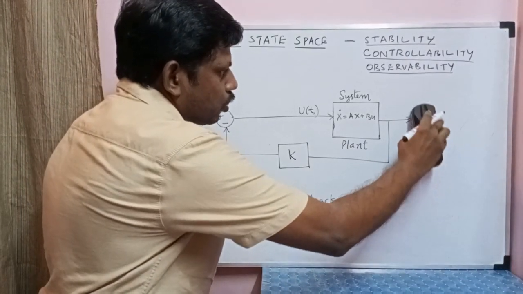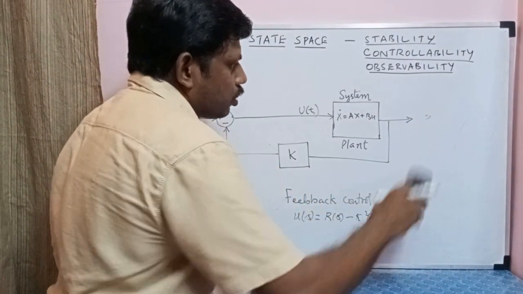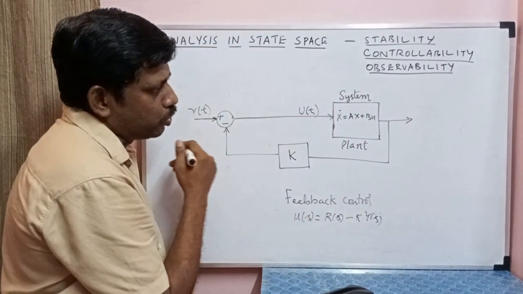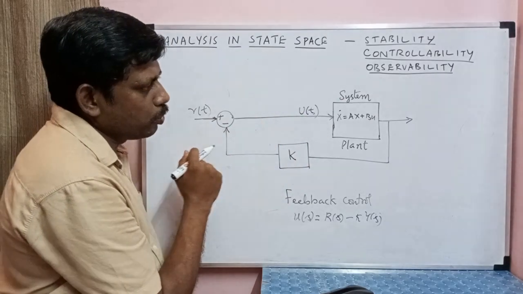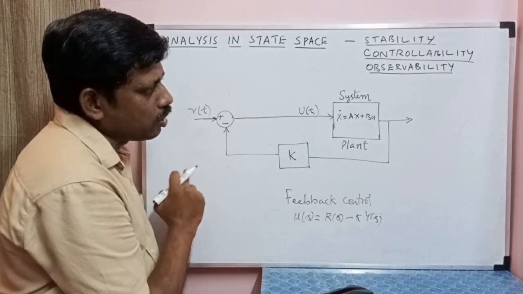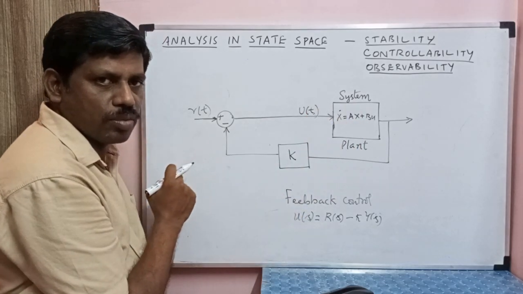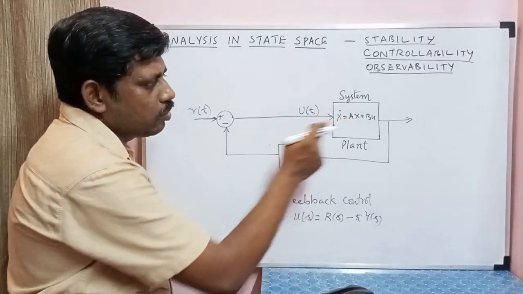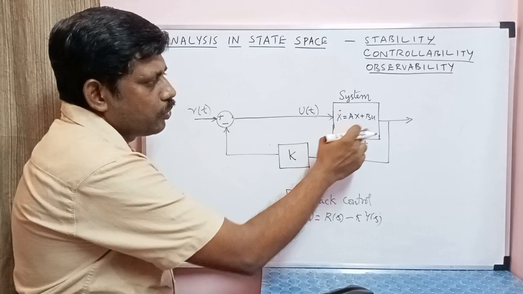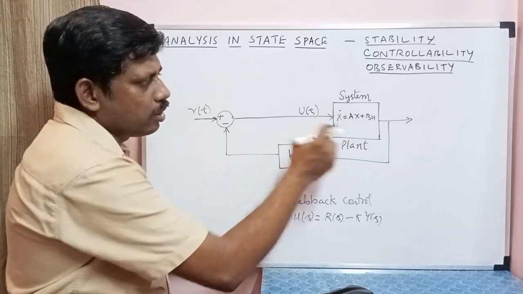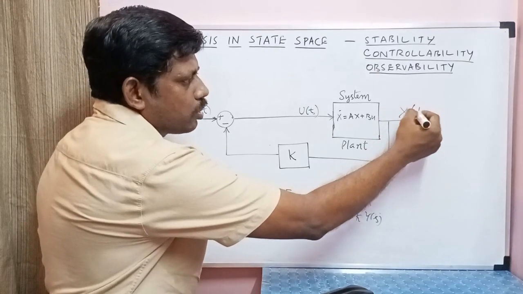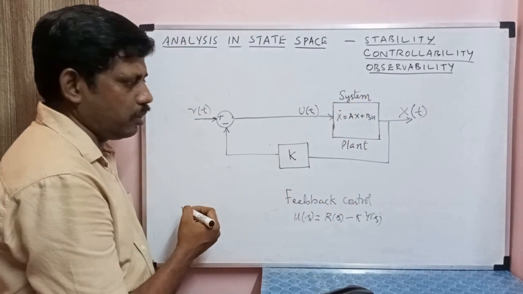So what will be the output if this system is represented by this state equation? Then if I solve the state equation, what is going to be the output? The state equation relates this input and the state variables x. Therefore, when I solve this state equation, what I'll be getting here is the solution of the state equation, that is x of t.